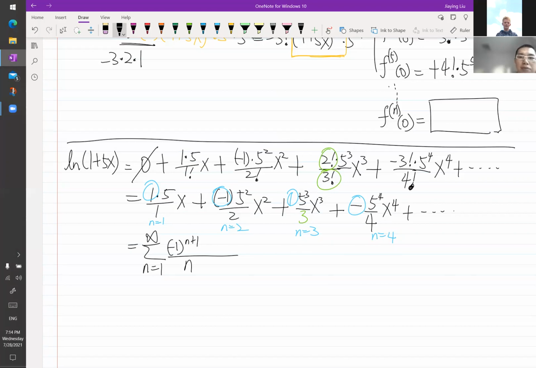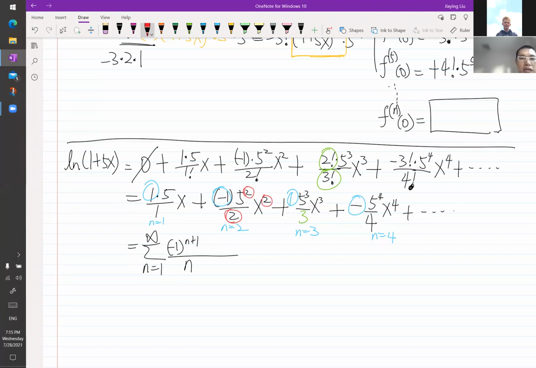How about the 5? Well, we have 5 to the first power, 5 squared, 5 cubed, 5 to the fourth. As you can see, in all the terms, the number in the denominator, the one I have expanded, the exponent of 5 and the exponent of x are all the same, right? So if you figure out one number related to n, the rest will be the same.